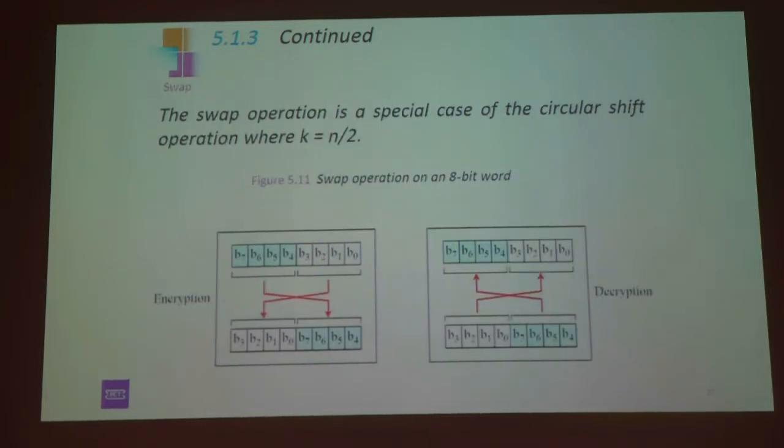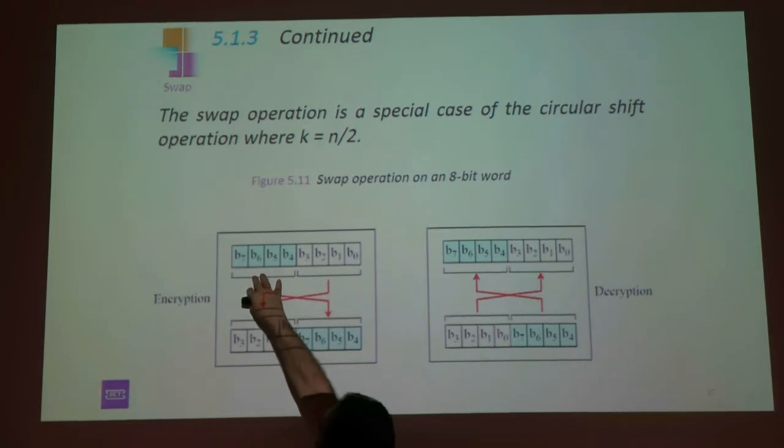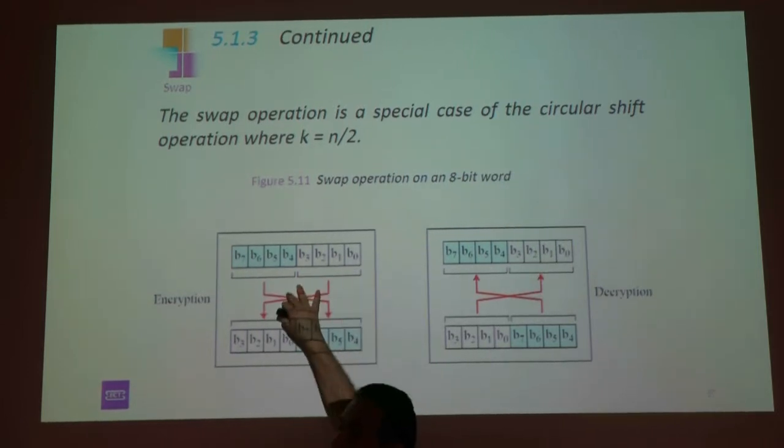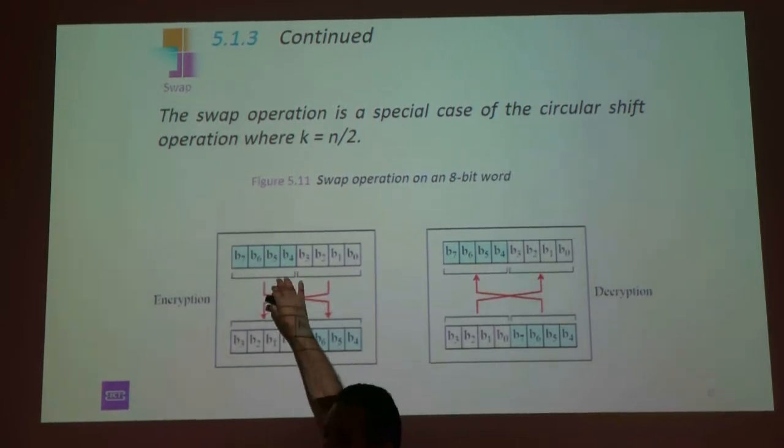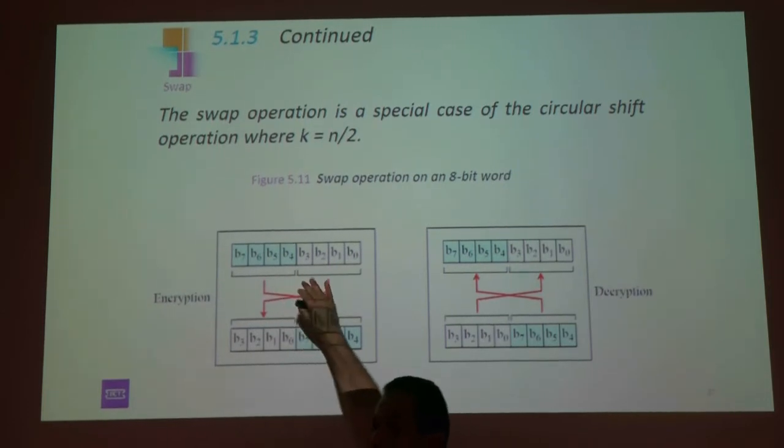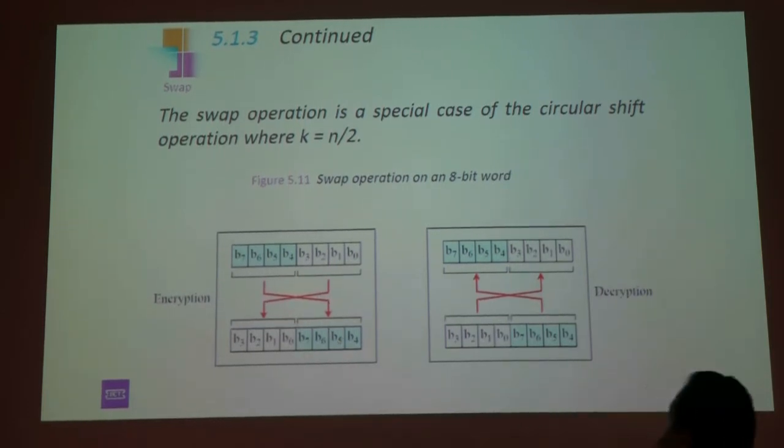You could also use a swap operation, which is a special case of the circular shift operation. For example, if k is n over 2, we swap the first half with the second half. The swap operation is used a lot, as we'll see in the real encryption techniques.